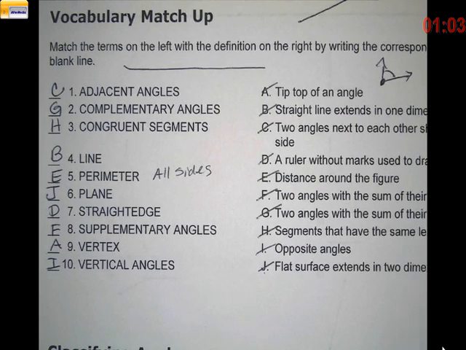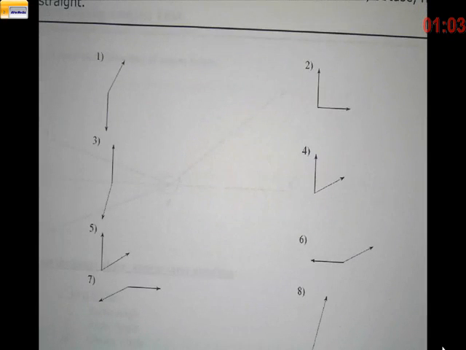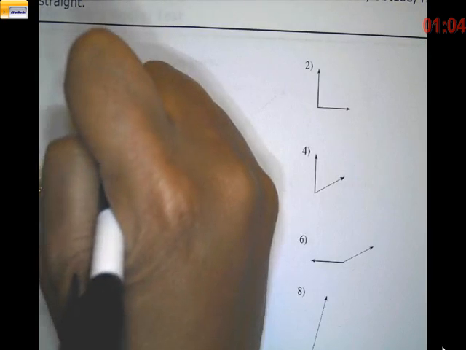Now, on the next section that I want to do with you, remember when we did the air writing and we talked about the different types of angles? Well, let's actually classify them and label them. So, on number 1, I'm going to draw this part of the angle.